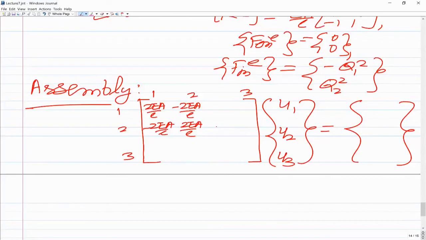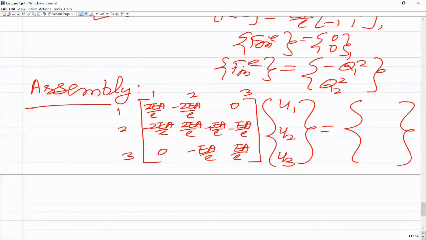Then the second element is defined between global nodes 2 and 3, so it will go to global rows 2 and 3 and columns 2 and 3. So we will have plus EA by L, minus EA by L, minus EA by L and EA by L there, and 0 elsewhere. The concept is the same.